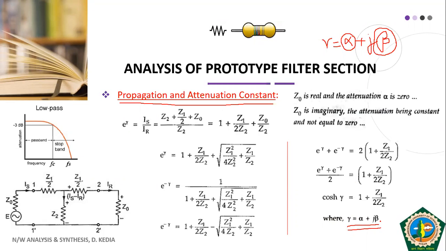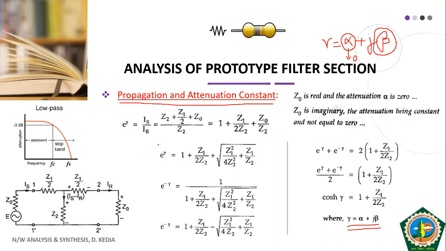So for designing of the filter, we will also require this alpha, beta, and gamma. Attenuation constant will tell us about the attenuation or pass band or stop band. So for pass band, the value of alpha, because it is attenuation constant, obviously should be 0, and it will have a certain constant value for the stop band. Fine, I hope this thing is clear.